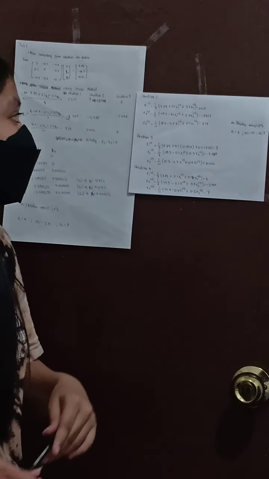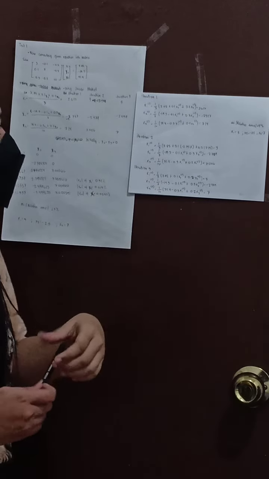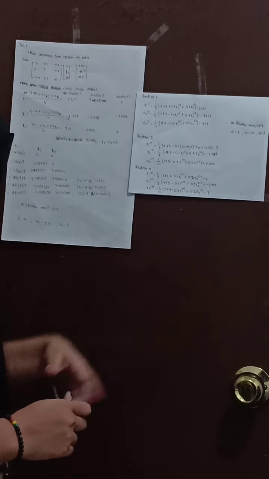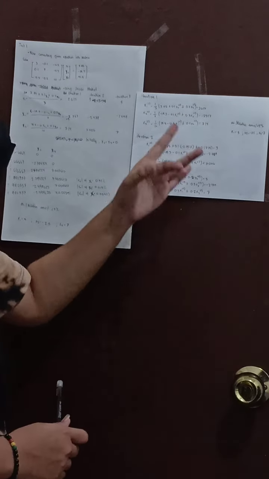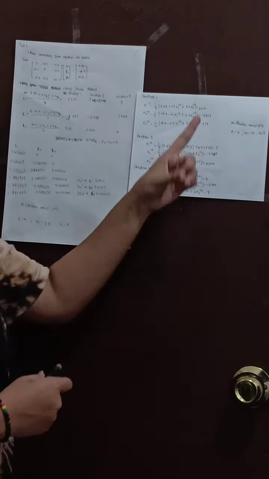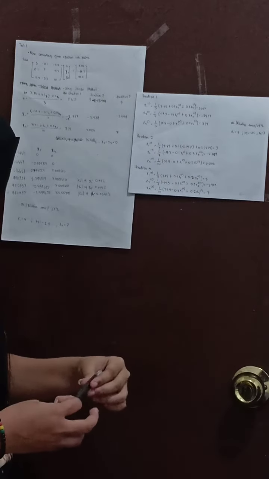And x2 equals 1 over 7 times negative 19.3 minus 0.1 x1 to the power of 0 plus 0.3 x3 to the power of 0, which equals negative 2.757.